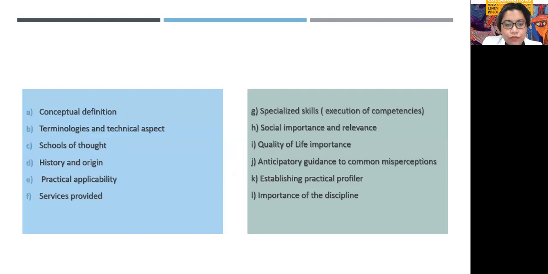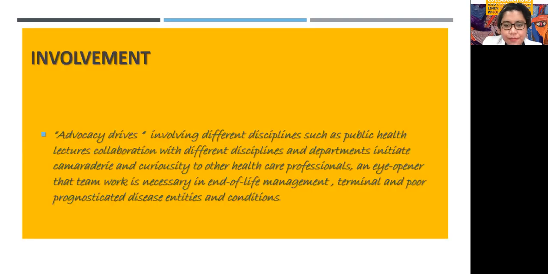Okay, so schools of thought, the perceptions being applied, history and origin, practical applicability, services provided, specialized skills, the execution of competencies, social importance and relevance, quality of life importance, anticipatory guidance to common misperceptions, of course, and establishing a practical profile, importance of the discipline.